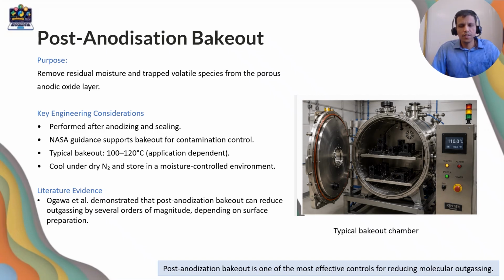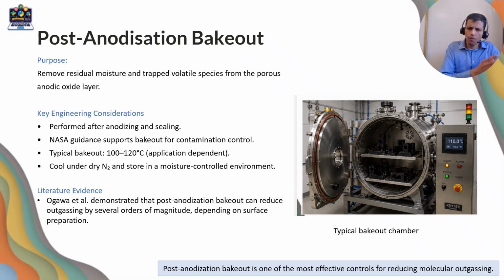Post-anodization bakeout is done after sealing, when the part is moved from the anodization. This process is well known, and the industry, mainly aerospace, prefers this anodization bakeout. It is the key mitigation strategy to reduce trapped volatile species and moisture from the surface.